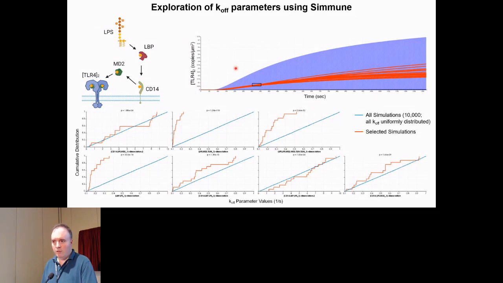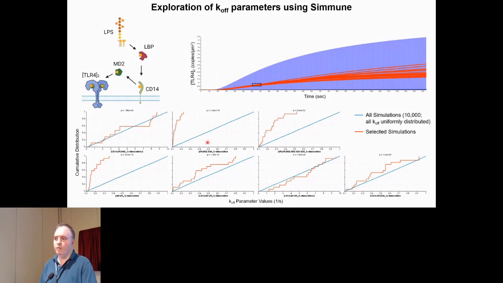I did 10,000 of them, so it filled this all in with blue. And then for each of these 7 graphs, these are the exploration of the K-off space. The y-axis is the cumulative distribution. The x-axis is the value of each parameter, each K-off. And so in blue here, these are all 10,000 simulations. And all of these 7 that I explored in parameter space, these were uniform distributions.